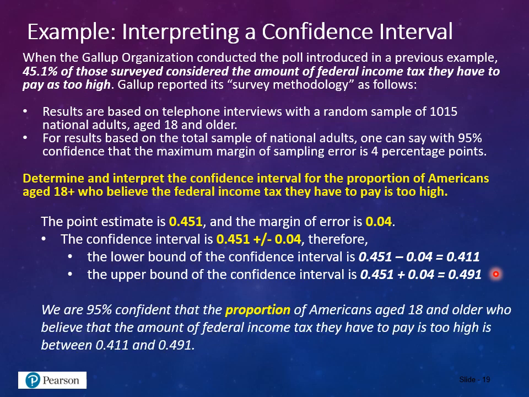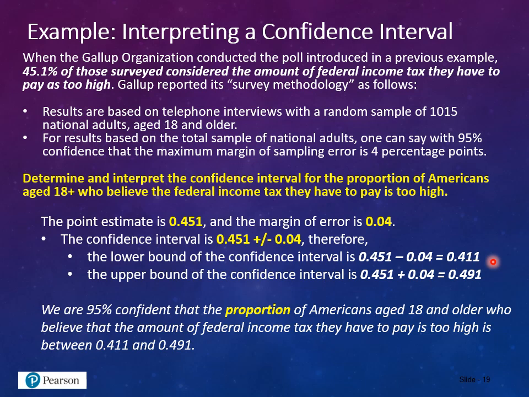So we are 95% confident that the proportion of Americans aged 18 and older who believe that the amount of federal income tax they have to pay is too high is between 0.41 and 0.49. So really between 41% and 49% of Americans believe their taxes are too high.